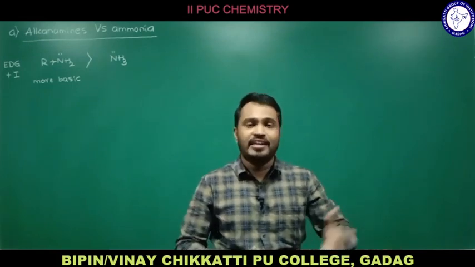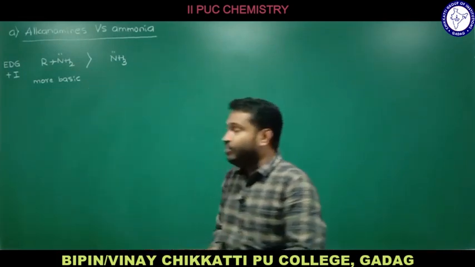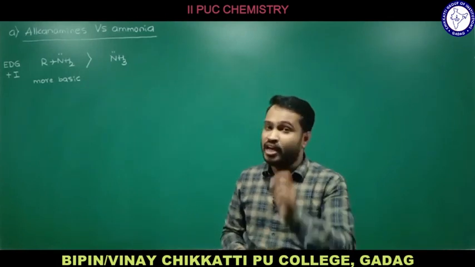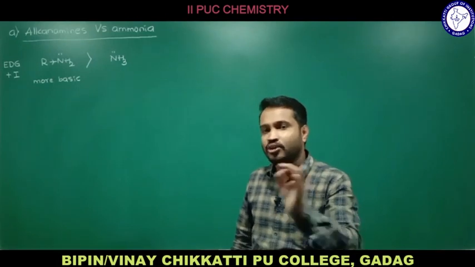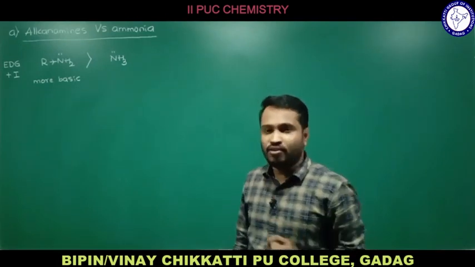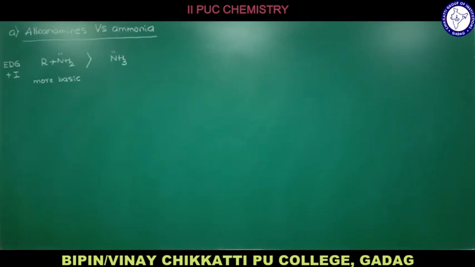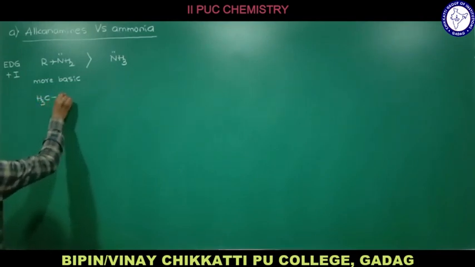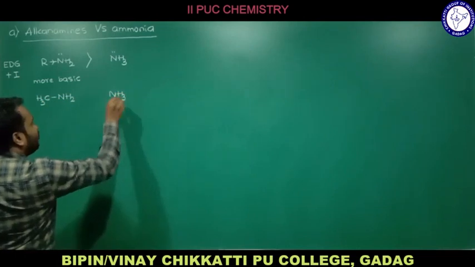Because of that reason, alkylamines or aliphatic amines are more basic in nature when compared to ammonia. Remember that alkyl groups are electron donating groups, and here the positive inductive effect is the reason why the alkyl group is going to donate electrons towards this nitrogen. We'll see one example for that. So now I'm going to consider one particular example, CH3NH2, and I'm going to consider NH3, ammonia.